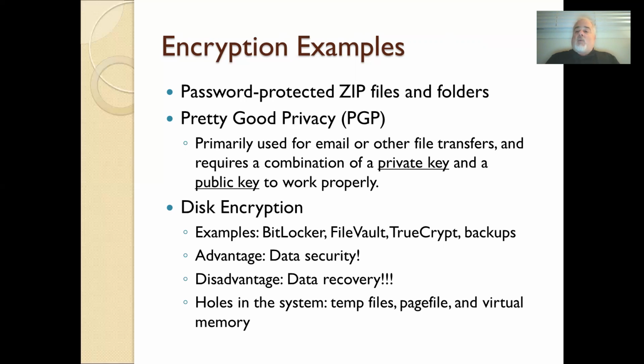So somebody who wants to send something to me encrypts it with my public key. But to unlock it, you need my private key. So even though somebody else can encrypt it, they encrypt it just for me. It will only be unlocked if I use my private key.